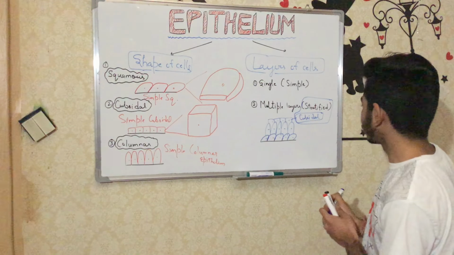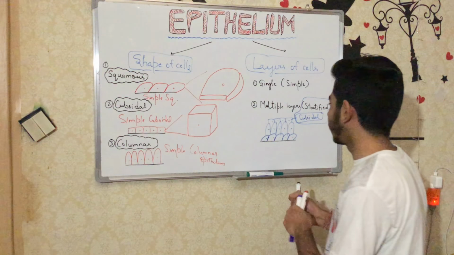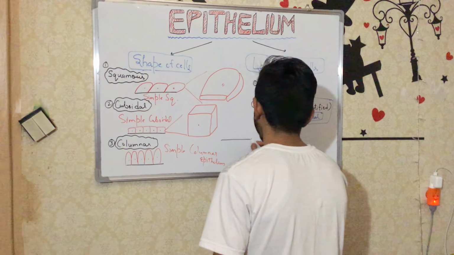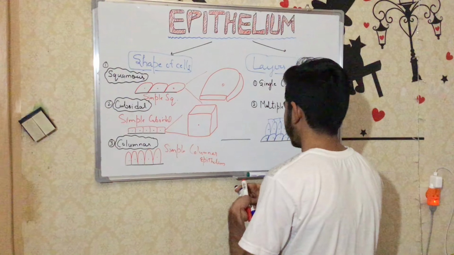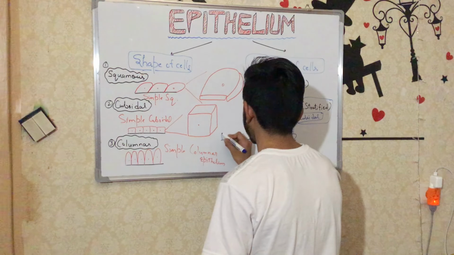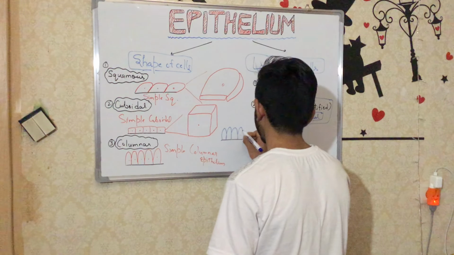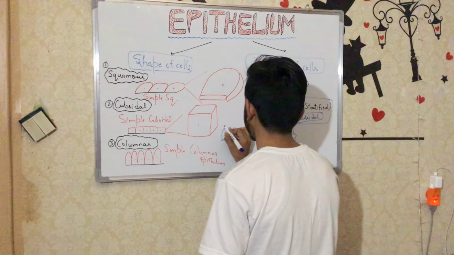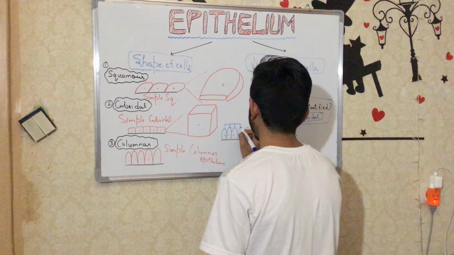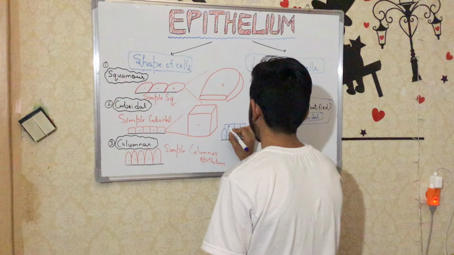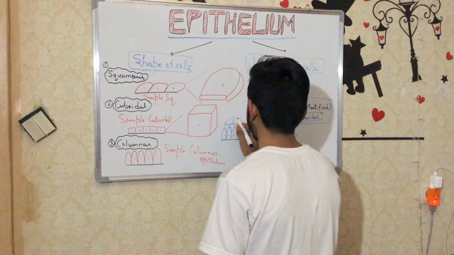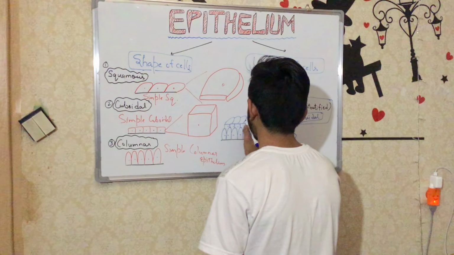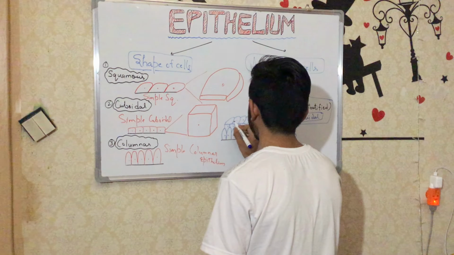For example, here is the basement membrane again. Here I have drawn some columnar cells, here some cuboidal cells, and here some flat cells.